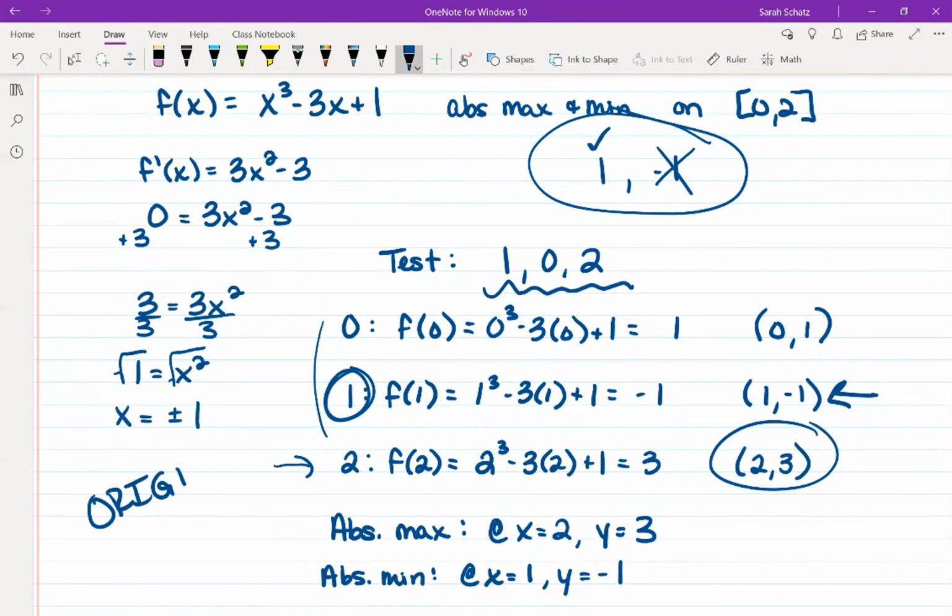I can't say that enough on this part because it's not what we're used to doing in this chapter. We're used to the first derivative test or now the second derivative test. This is the only time that we have an original function test. And then once you put them in there, remember you're just comparing which one's the greatest, which one's the least.